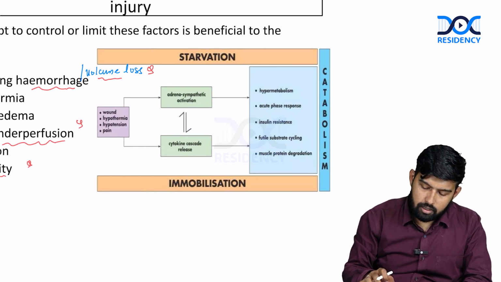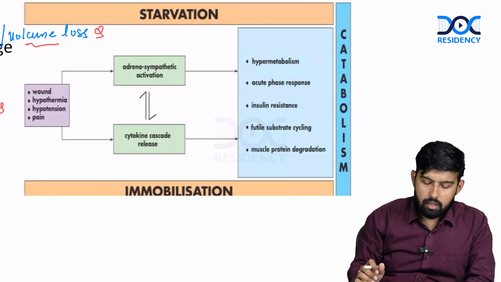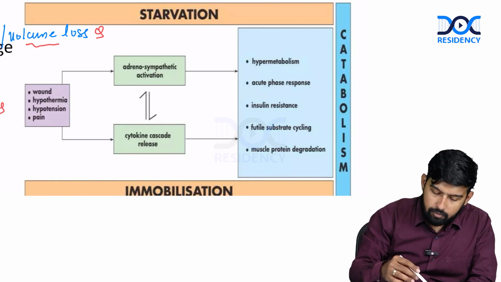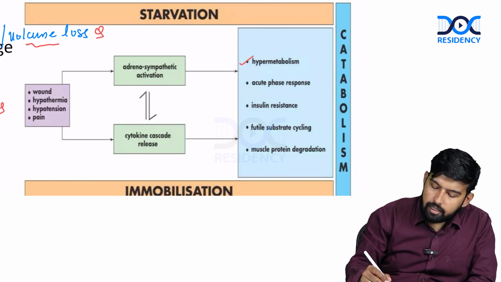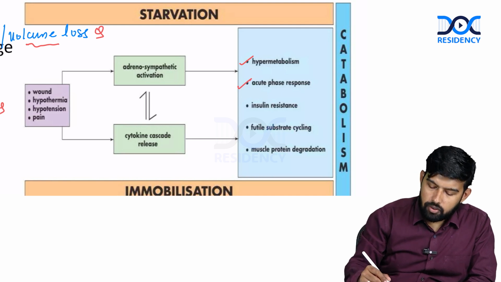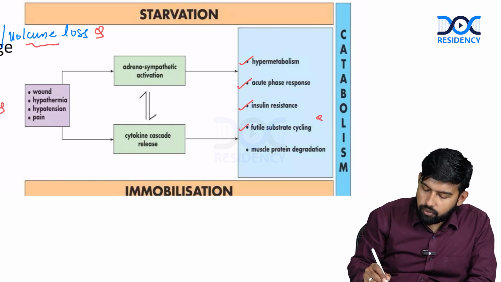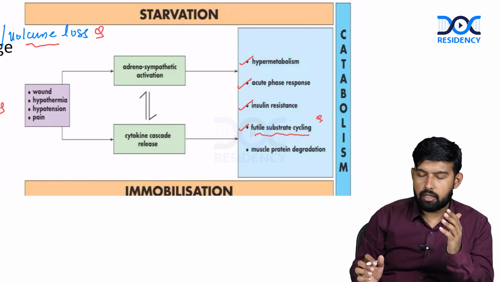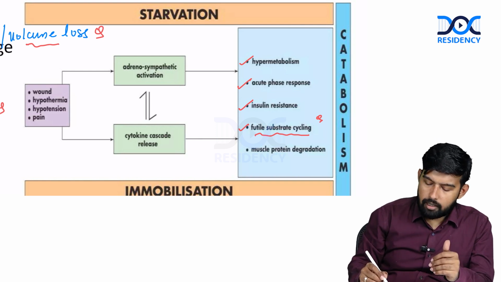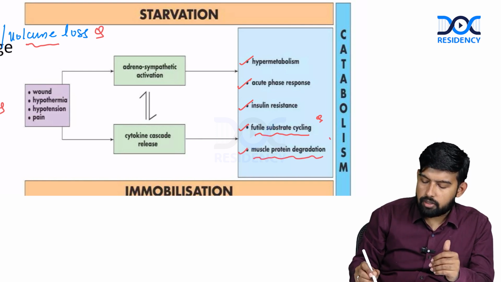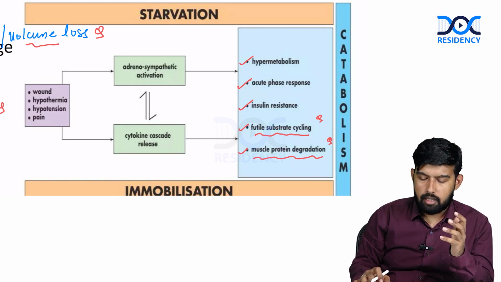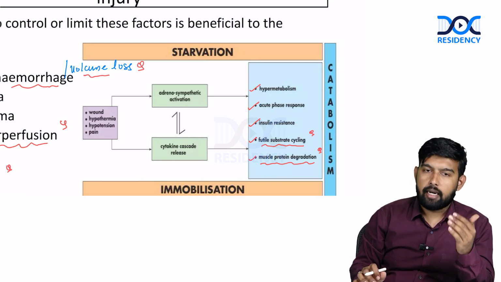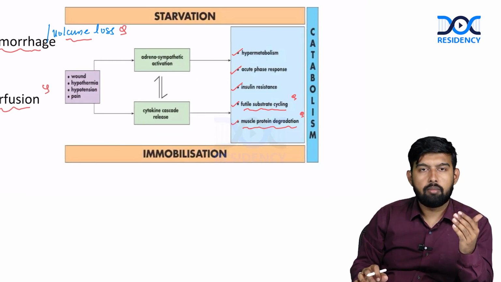This chart depicts the effect of the metabolic response. There is hypermetabolism, increase in the acute phase response, insulin resistance, and futile substrate cycling. That is, the amino acids are reutilized for hepatic gluconeogenesis, and there is muscle protein degradation which causes cachexia. If these continue, they will result in catabolism and inhibit the anabolic process.